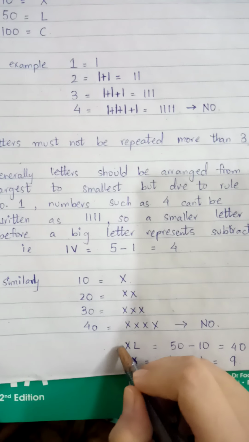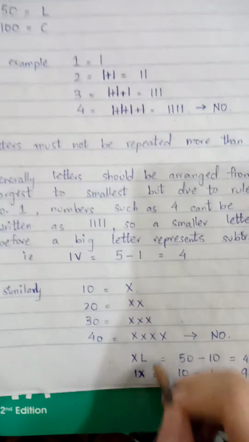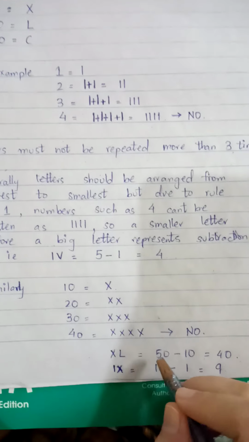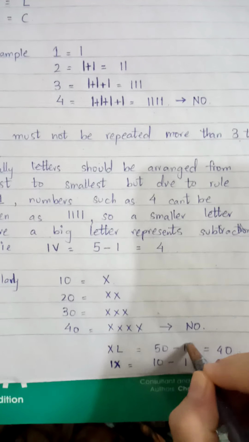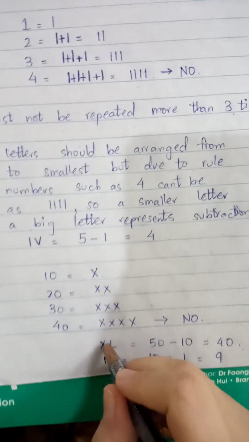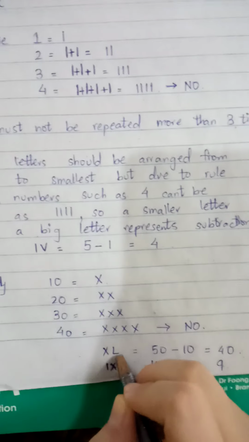I will subtract these two numbers from each other. That is why I am writing here 50 minus 10 and it makes 40. So this is how I will write 40. I will write 40 as XL.